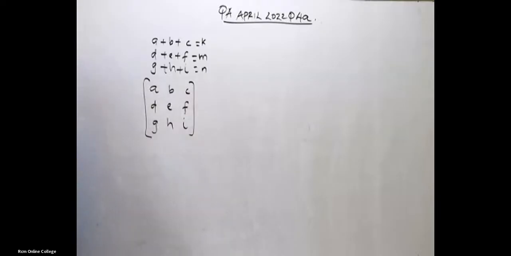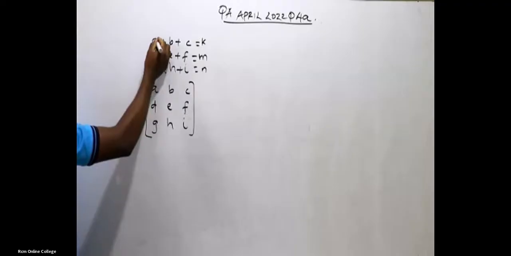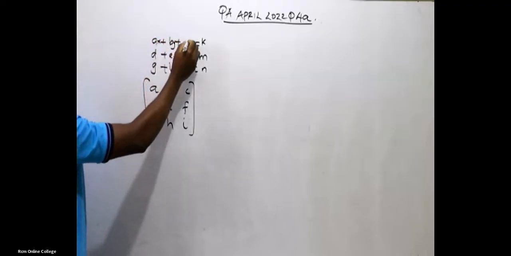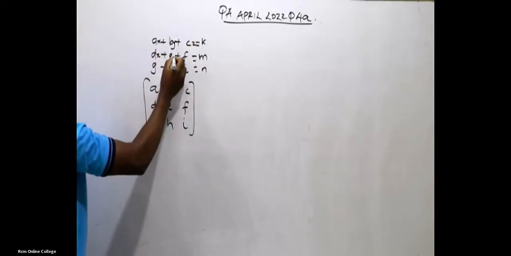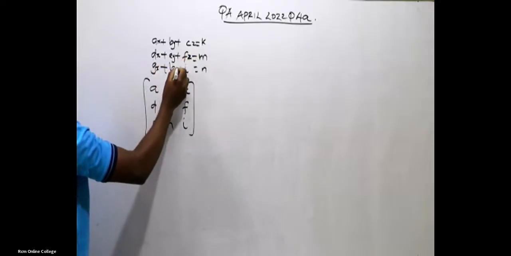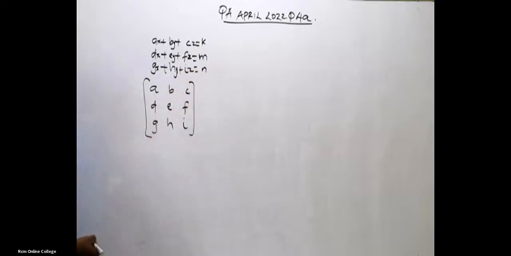Then we have the unknowns X, Y, Z, stacked as X, Y, Z. That is what we have.